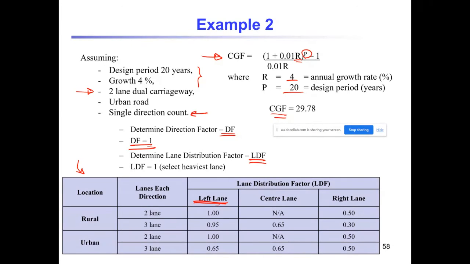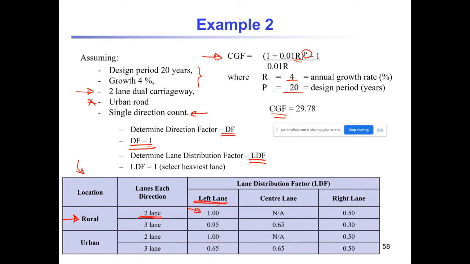Based on Austroads, for a rural road, which is the case for this example, if we are dealing with a two-lane road, then we need to give LDF equal to 1. It means that we assume all the heavy vehicles are passing through the left lane.